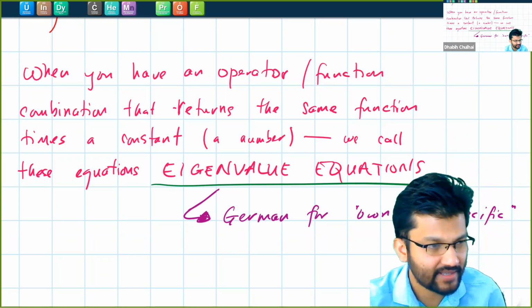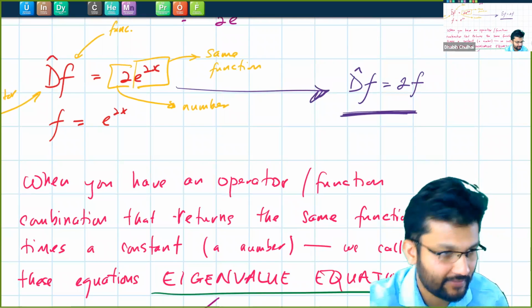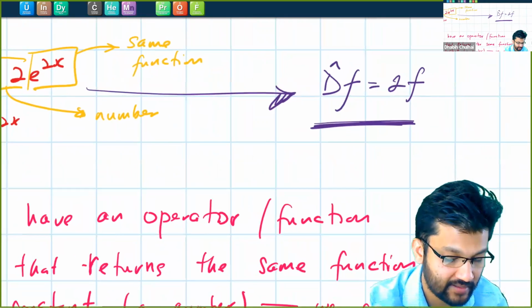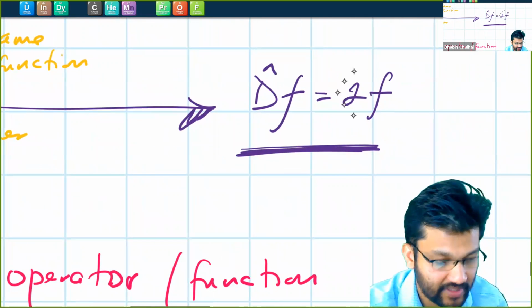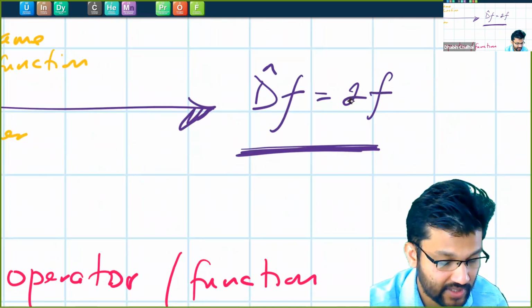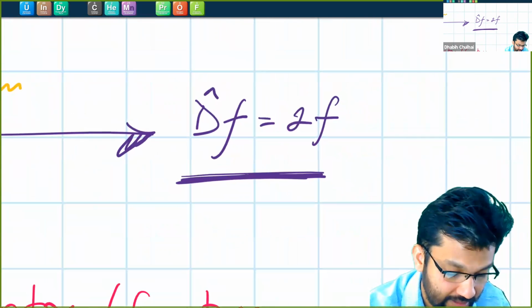Is this all making sense? So we're looking at operators. Operators act on functions, fine. And it's a unary operator, so there's only one function that it acts on. And it returns something when you apply it. But if it returns the same function times some constant, that's an eigenvalue equation, right?